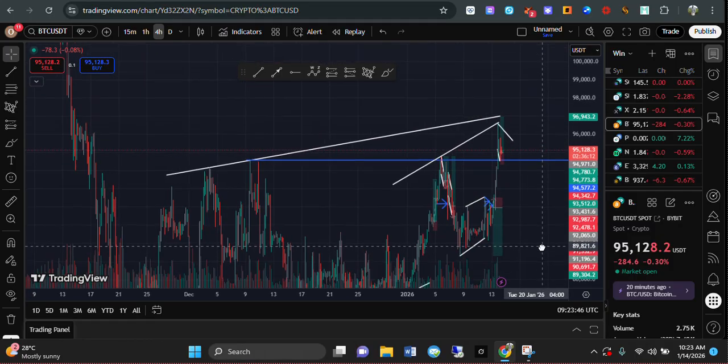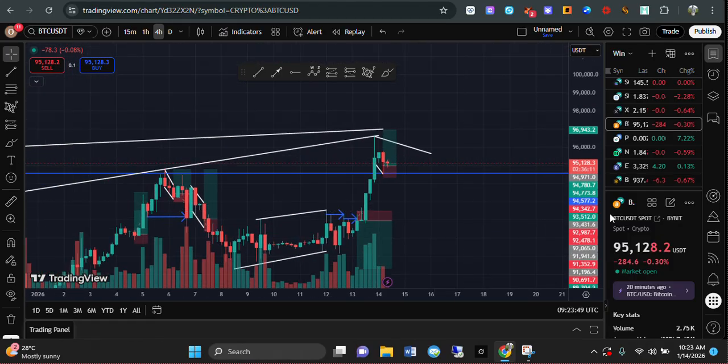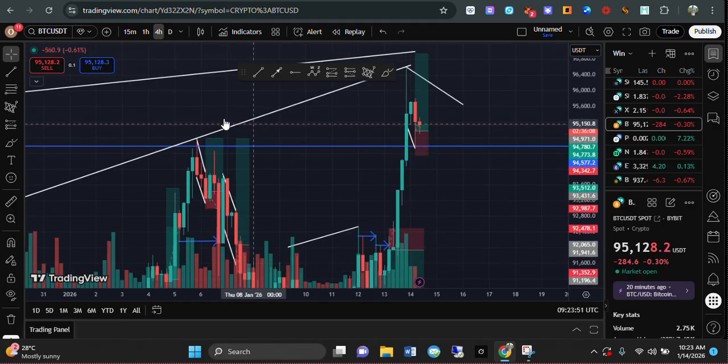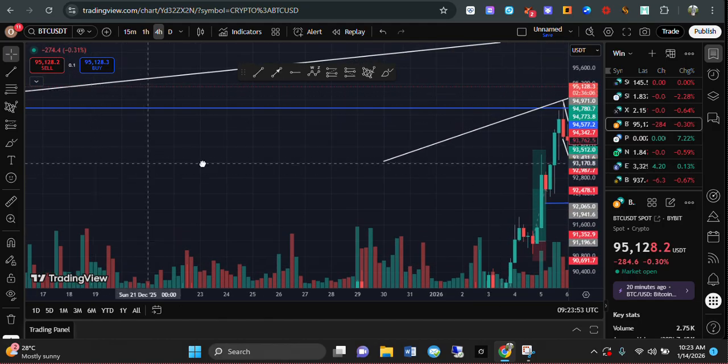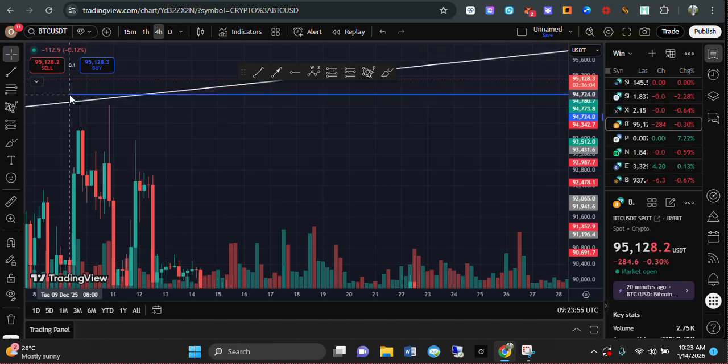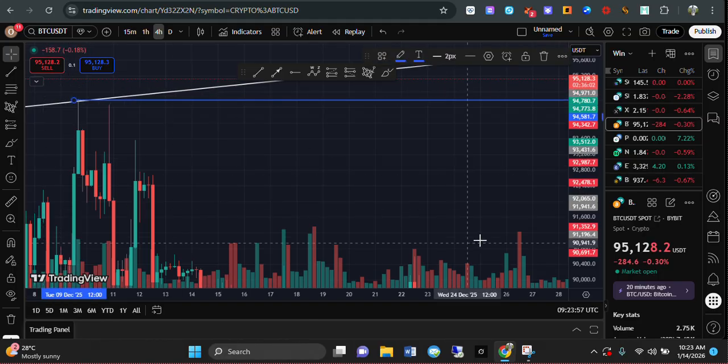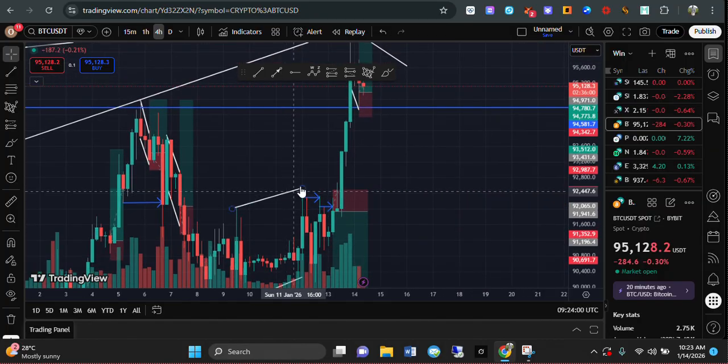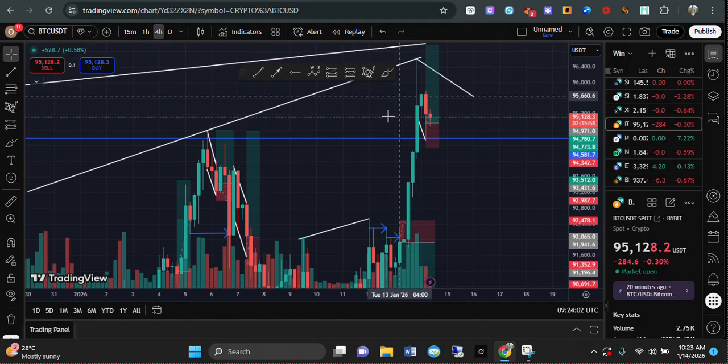Or let's just consider what we are having currently right here. You can see we broke this high impulsively. You can tell from what you are looking at currently.